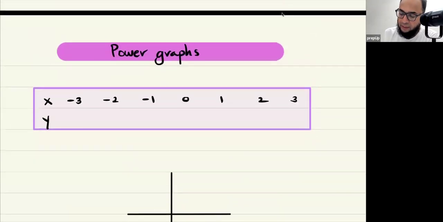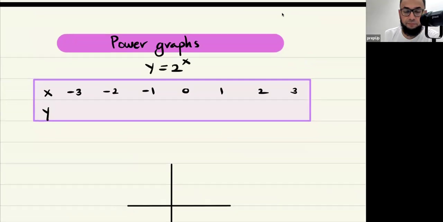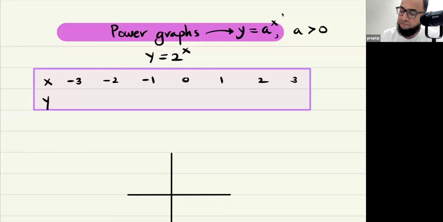Okay. Now, y is equals to 2 raised to power of x. There is a base, it has a power. This is of the format y is equals to a power x, where a is positive.